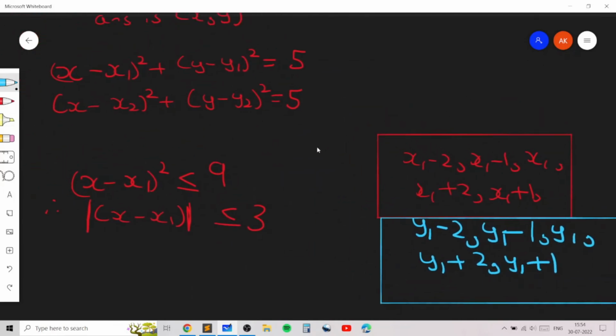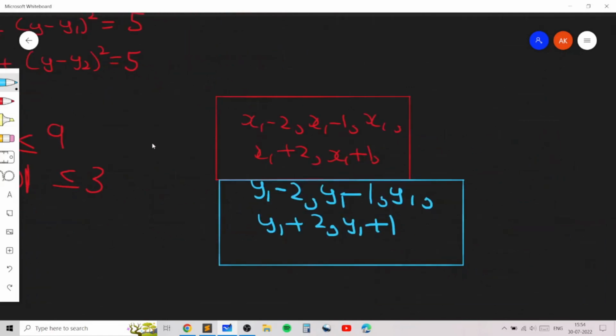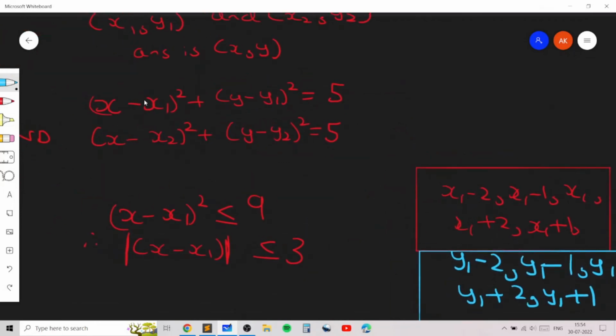So for each value of x1 going from x1 minus 2 till x1 plus 2, and for each value of y going from y1 minus 2 till y1 plus 2, if the sum of the squares for both these quantities is 5, then we'll print x comma y and we'll break.